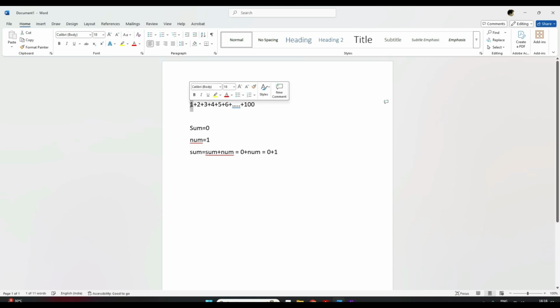Correct? Sum is 1. Now I will keep on incrementing. Now see, my num is 1. I will use this variable to generate the numbers 1 to 100. Initially num is 1. I added this. Now I will make num is equal to num plus 1.